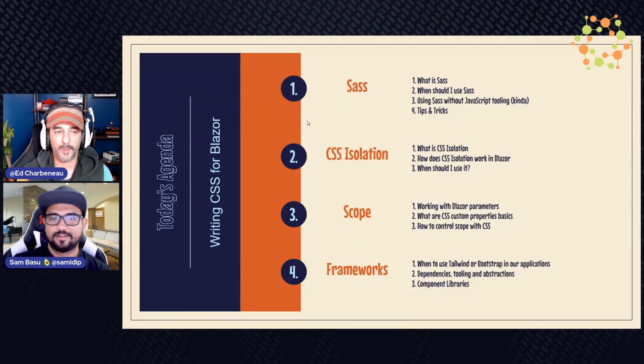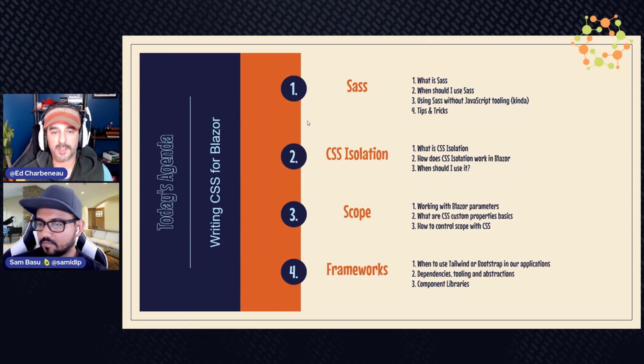Yeah, so I want to talk about writing CSS for Blazor. I think this is where a lot of devs struggle with Blazor: how to write CSS and when to use certain tools at certain times. So I thought I'd talk about four major areas, and there are some sub-breakdowns inside of these too.